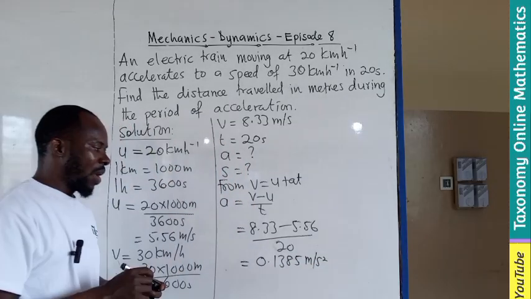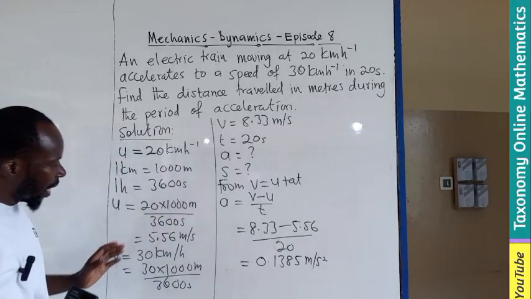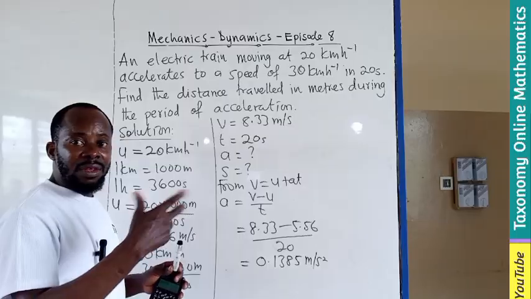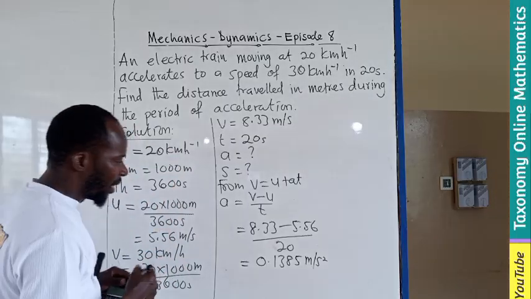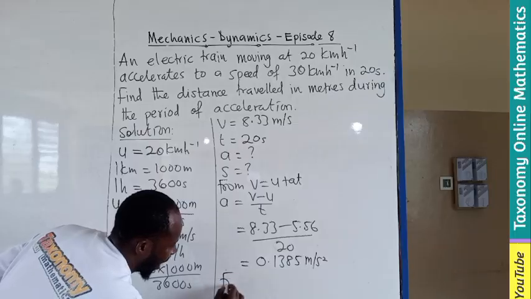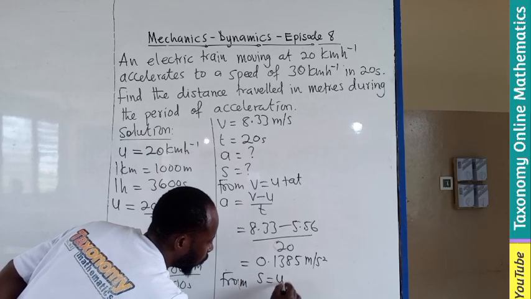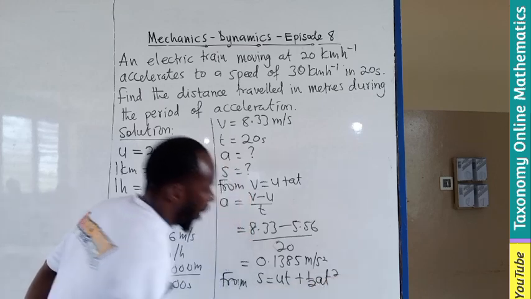So now that I know acceleration, time is known, initial and final velocity is known, I can put any of the two remaining equations to work. Which one do I think? I think the one that has the distance, S equals ut plus 1/2 at squared.